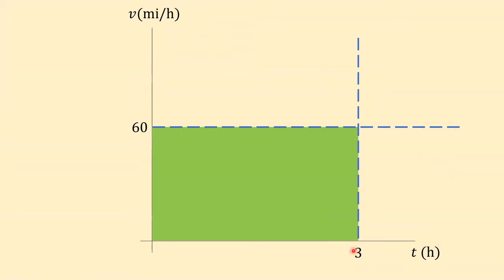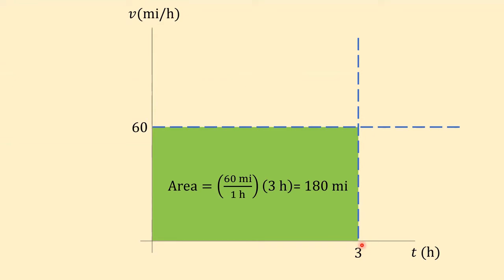number 3. So we drove from t equals 0 hours to t equals 3 hours, going 60 miles an hour the entire time. And you just, I hope, concluded that the distance you covered was 180. Well, 60 times 3, isn't that the height of this rectangle times the base? And that would give us the area.